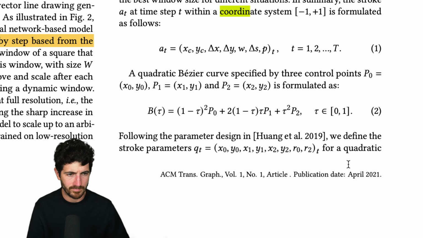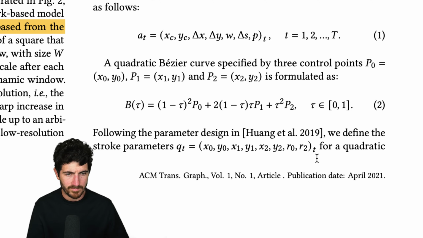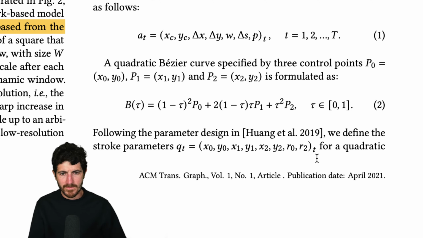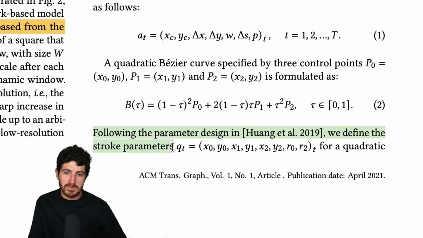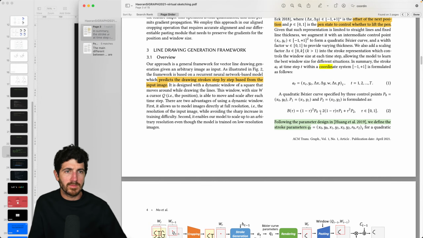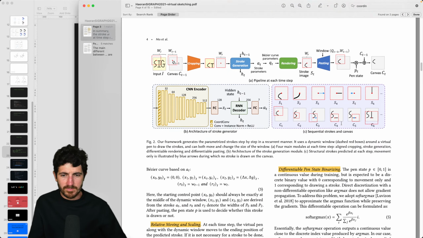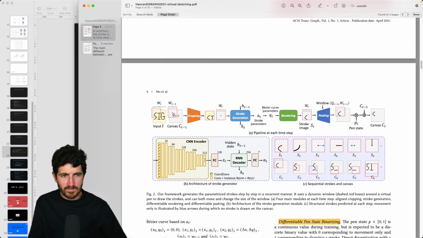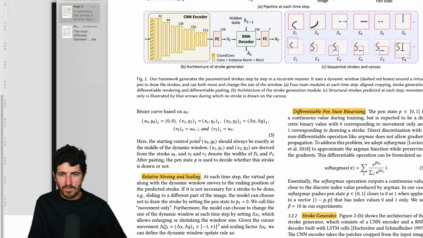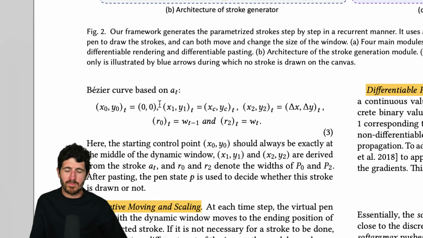Okay, here. Following the parameter design in Huang et al., we define the stroke parameters Qt. So this is important for a quadratic Bezier curve.